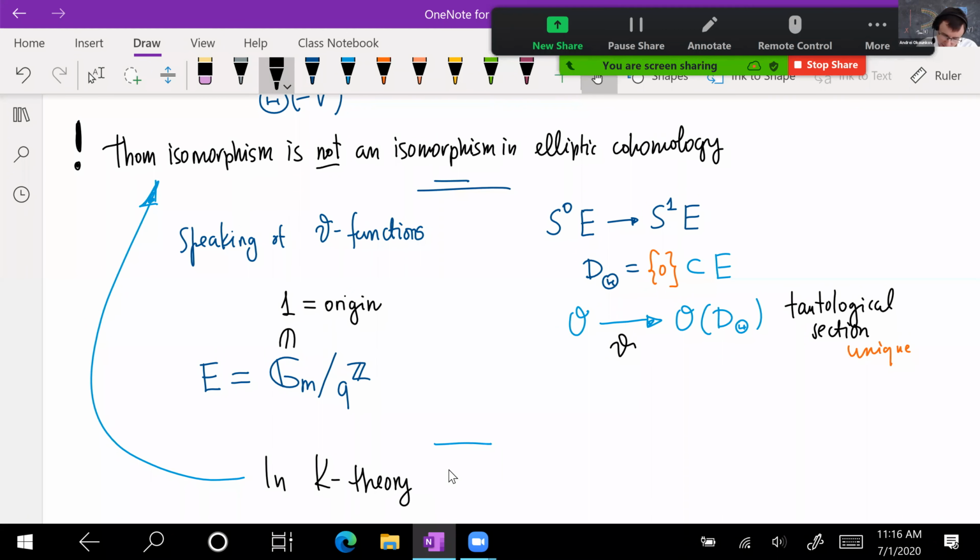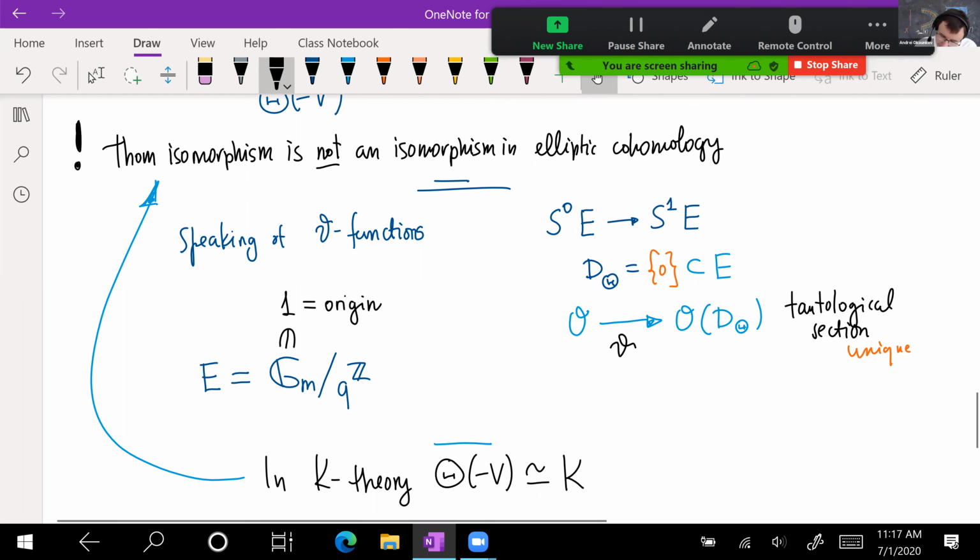This is, the Thom space of minus V is isomorphic to O. I'll just write O, which is just K theory itself. So this is the Thom isomorphism.